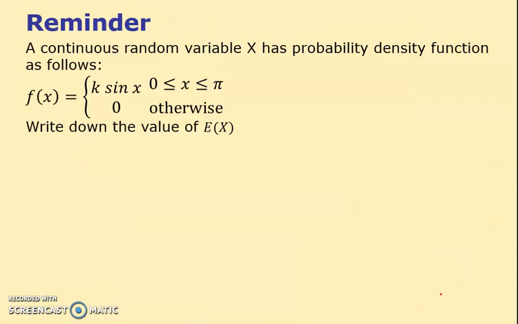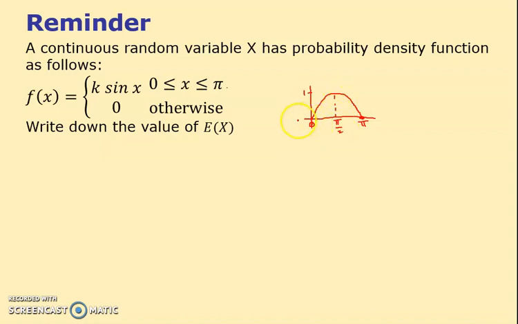And another reminder for you would be this. Now, we've seen this question before. It says a continuous random variable has this probability density function. So if I draw the graph for this, you should recall that this is a sine graph, and as long as I'm in radians, it goes up and down like that, and at pi it comes back to 0. It goes up to a maximum value of 1 at the halfway point, which is pi by 2, and it starts at 0.